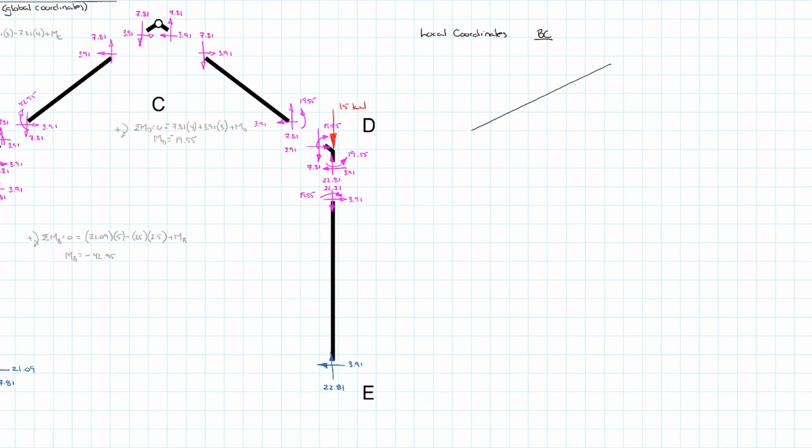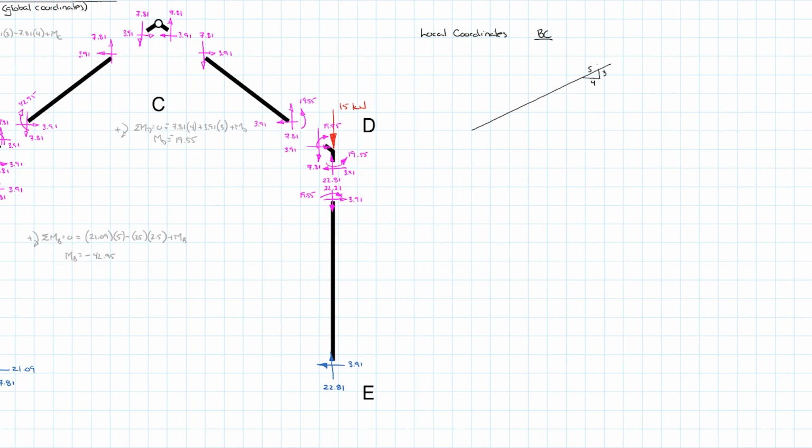And just to be aware, I'll just mark it up here at the one end. Keep in mind that this is a 3, 4, 5 triangle. You can also use your thetas and derive that down to an angle and cosines and sines, but we can use those ratios of the triangle.